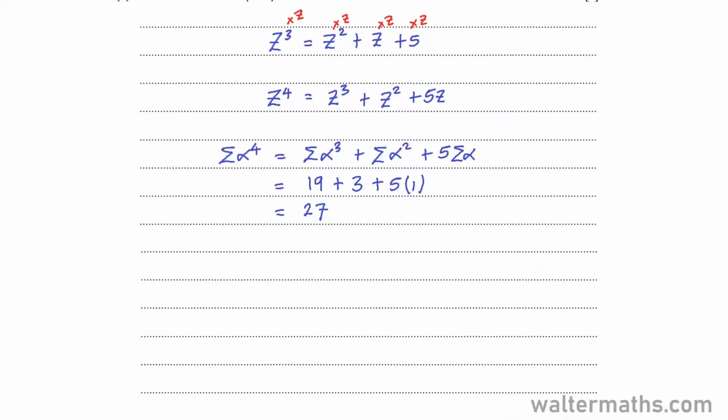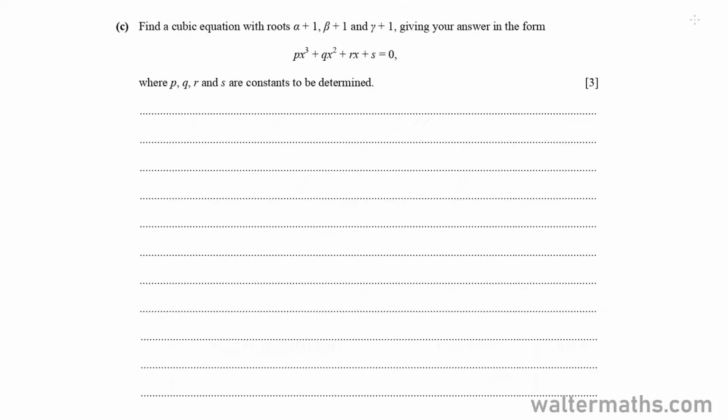Let's go on to part C. On part C, the question goes, find a cubic equation with roots alpha plus 1, beta plus 1, gamma plus 1, giving your answer in the form px cubed plus qx squared plus rx plus s equal to 0, where p, q, r and s are constants to be determined.